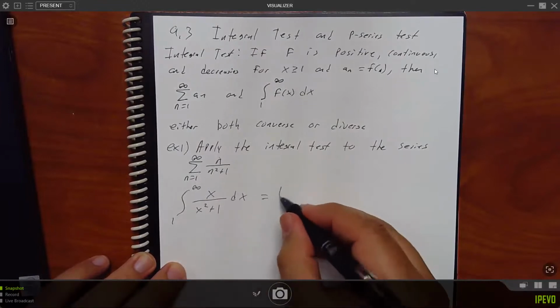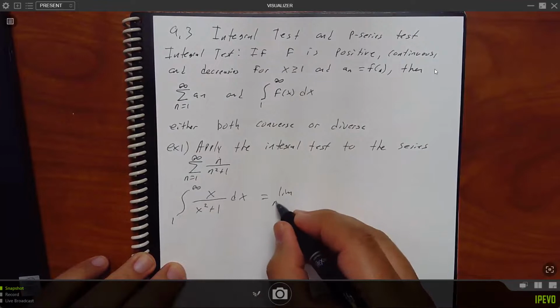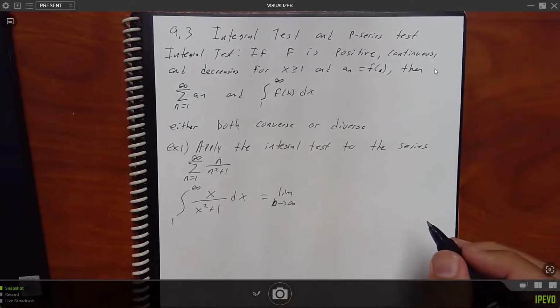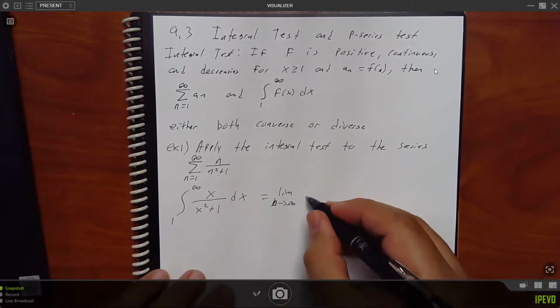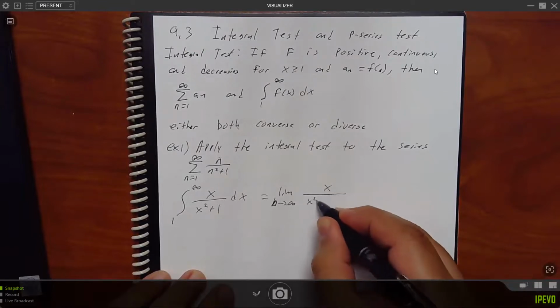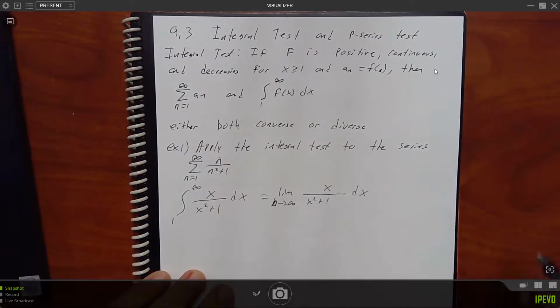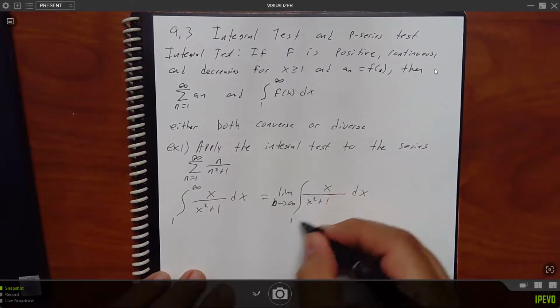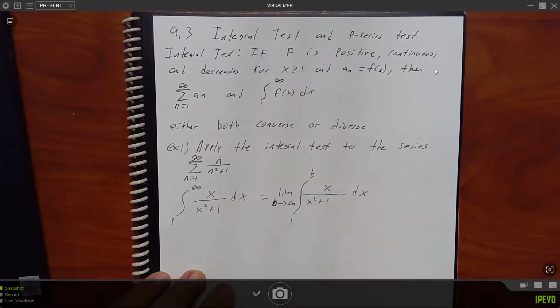And then we cannot use the improper notation. So, the integral of x over x squared plus 1 dx, 1 to b. So what kind of integral is that?